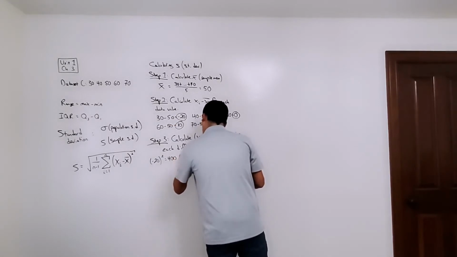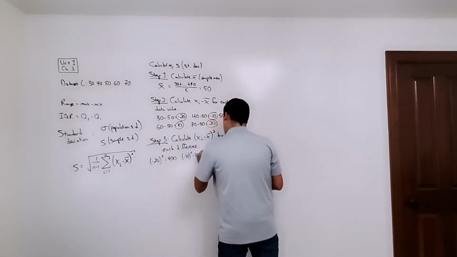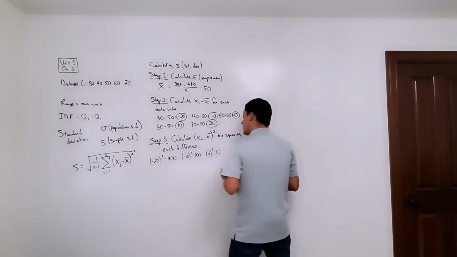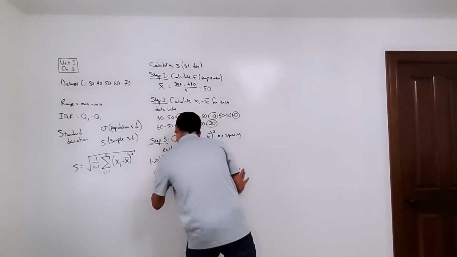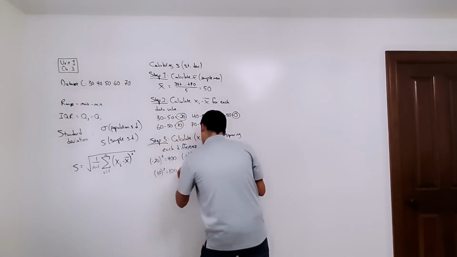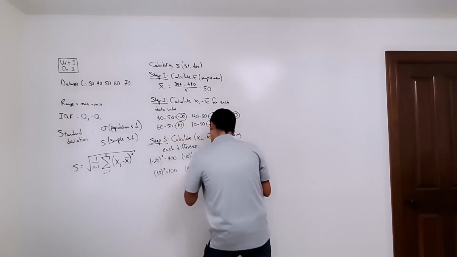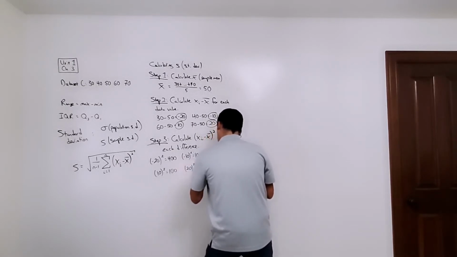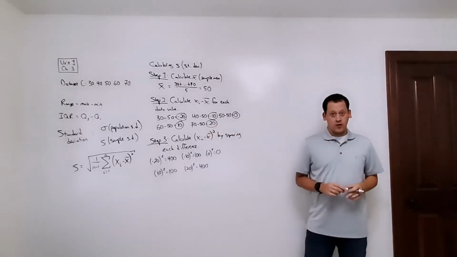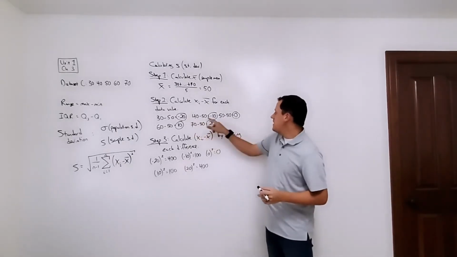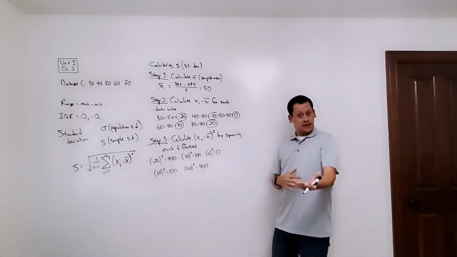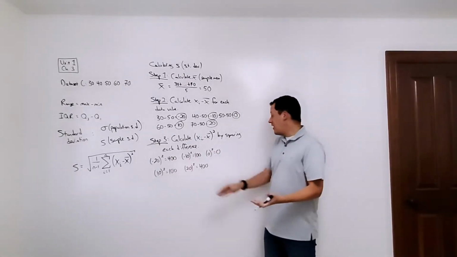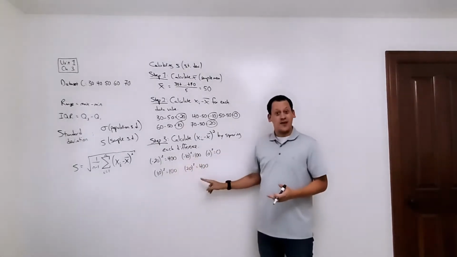Negative 10 squared is 100. 0 squared is 0. 10 squared is 100. And 20 squared is also 400. So we just took each of these values and squared them. Okay. In the ProbStats table, these are the numbers in that third and final column.